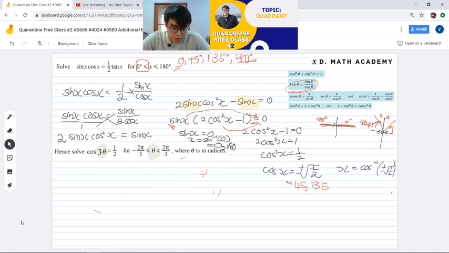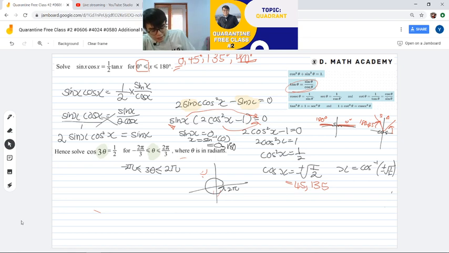The 3 theta basically tells you that 2 pi, and then you have negative 2 pi. So what it means is from here to here is 2 pi. Okay, this is for the positive one. Okay, and also the negative one. Negative means the direction is different, so they're going backwards instead. So here is your negative 2 pi.